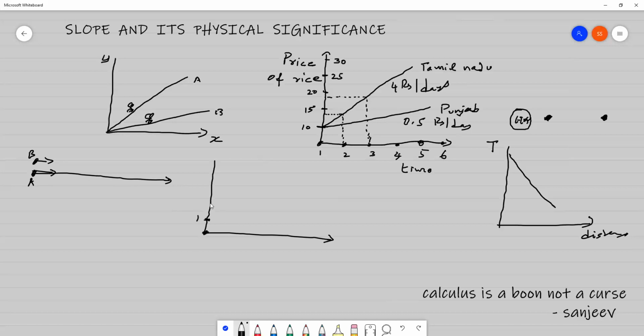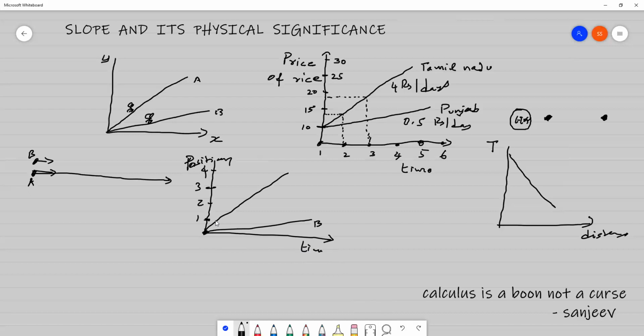I'll call this 1 meter, 2 meter, 3 meter, 4 meter like this. So if I draw two lines here, this is for B, this is for A. This is position versus time. This axis represents time, and this is position.